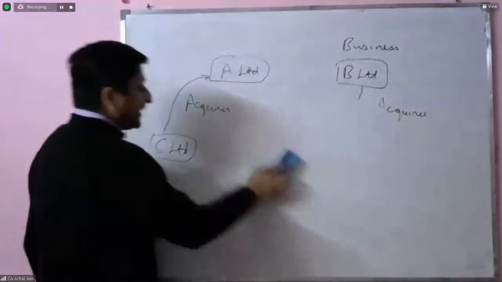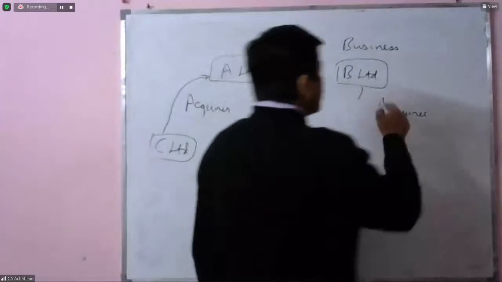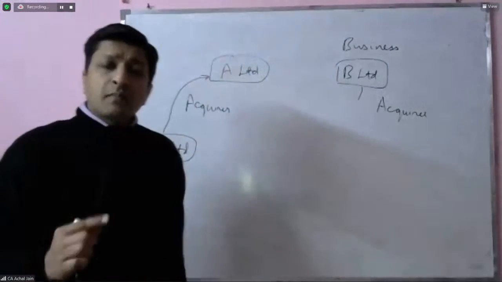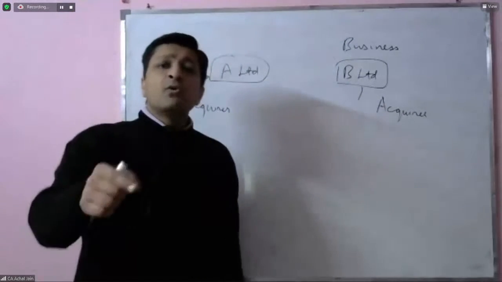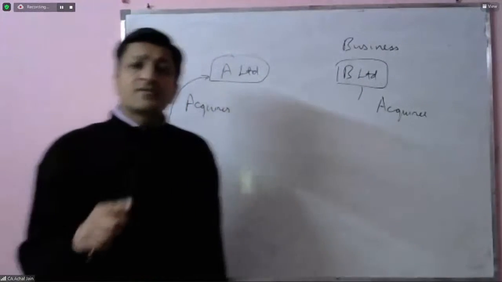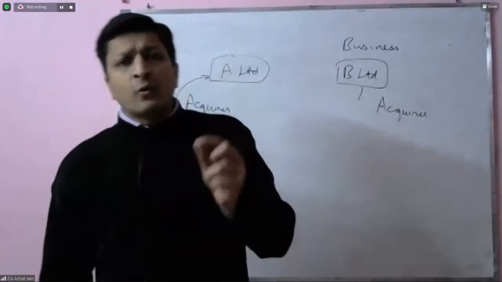For the purposes of Ind AS 103, another very important point which we need to understand and remember always is about the person who will do the accounting as per Ind AS 103. Ind AS 103 talks about accounting requirements of acquirer.